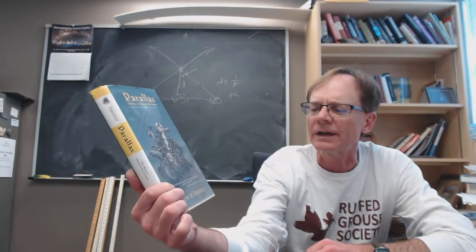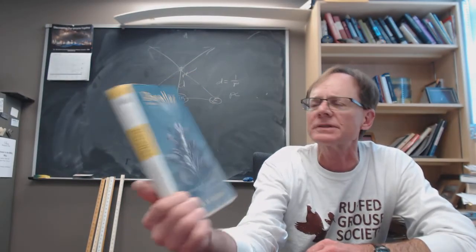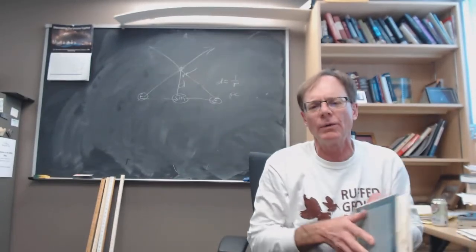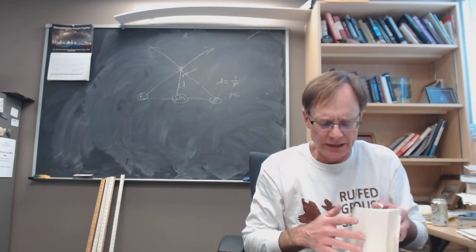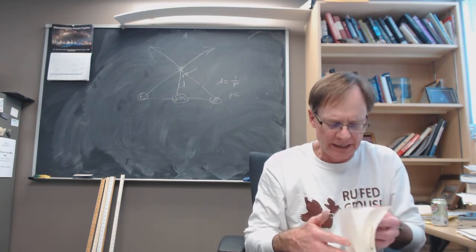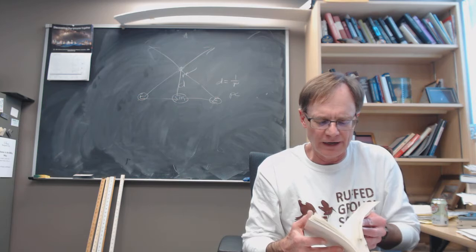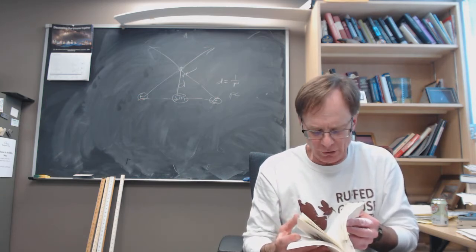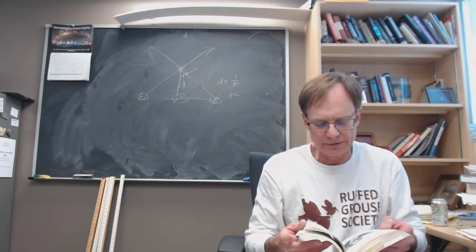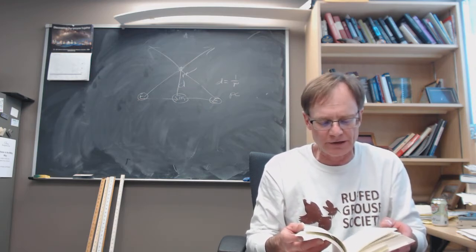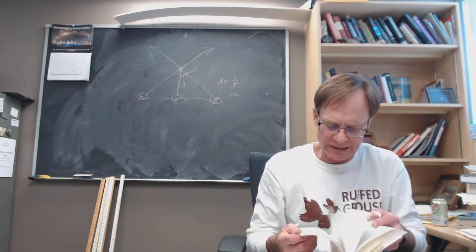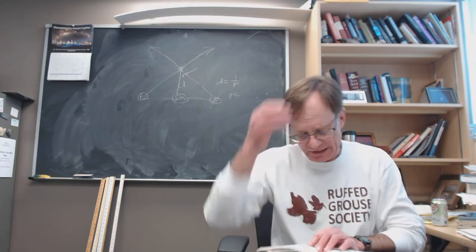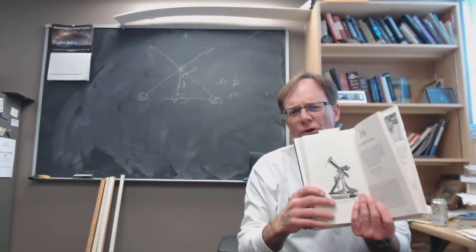This book by Alan Hirschfeld, Parallax, The Race to Measure the Cosmos, is a fantastic scientific detective story, well worth the read, about trying to make this measurement of parallax.